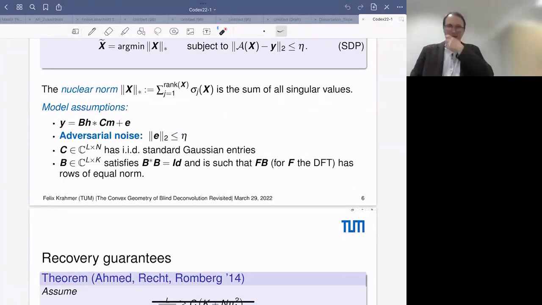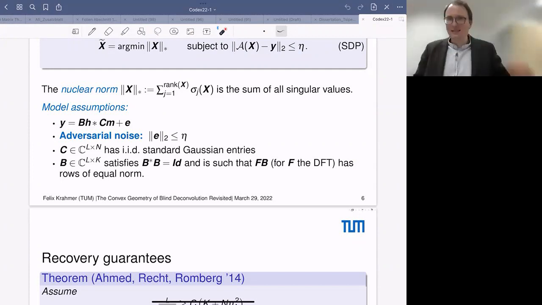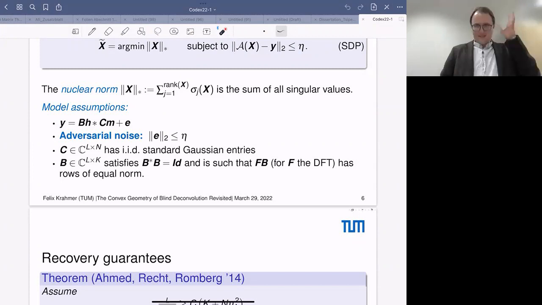This could, for example, be corresponding to the first few columns of the identity matrix, or you can have a more general formulation. In this case, what we're assuming is some assumptions that are inspired by this model of having the first few columns of the identity matrix. Namely, we're assuming that they form a tight frame here, B star B is the identity.